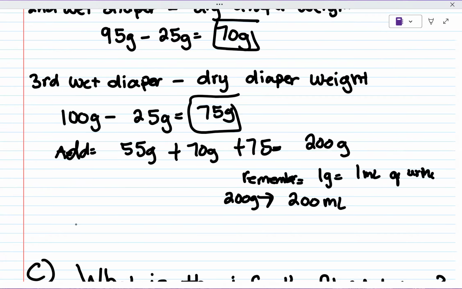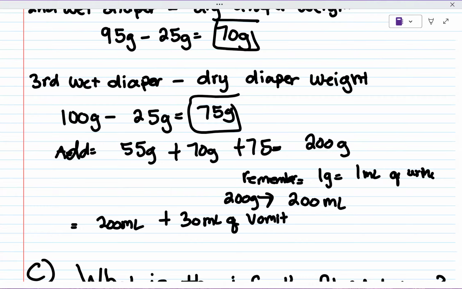So our infant's urine output was 200 milliliters, right? And then we add the 30 milliliters of vomit, because that's still technically an output. Vomiting is an output.